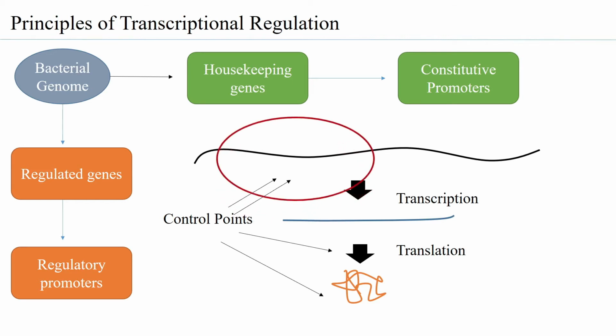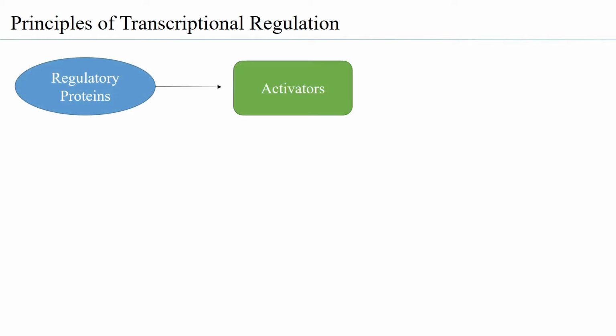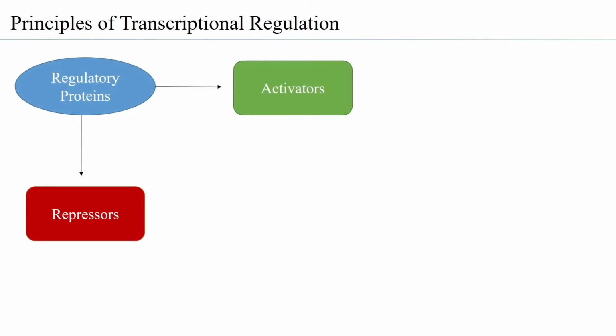But in prokaryotes, majorly, the focus of regulation of gene expression is at the start point. That means starting of the transcription per se. So the regulatory proteins, as just mentioned, there are two types. One is the activators and the second is the repressors. Both the activators and repressors are proteins that specifically have what are called DNA binding motifs.